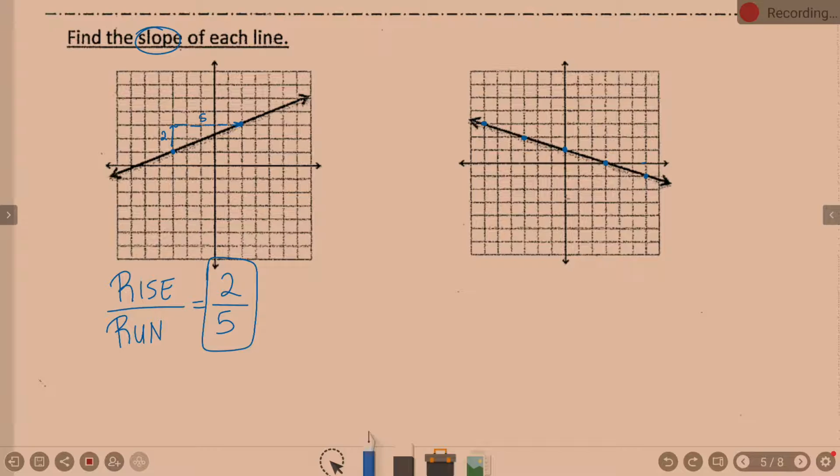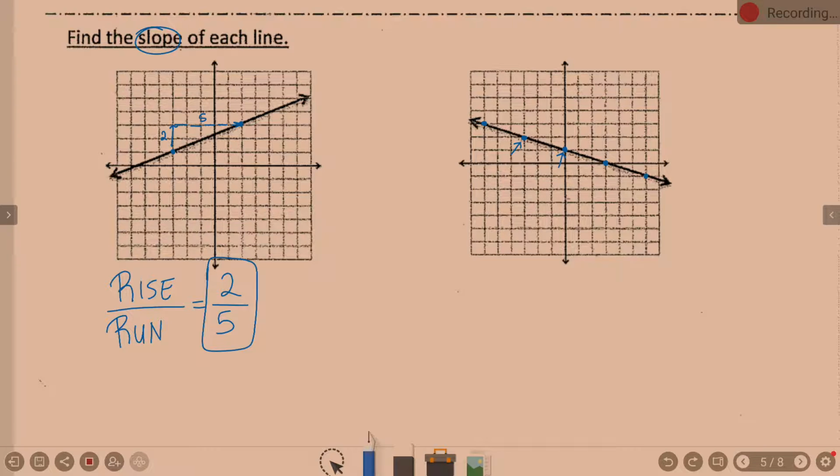Now, I got a stray mark on my board there. If I pick, let's see. What happens if I pick those 2 points? You see the 2 points I put the arrows at? Yeah. Okay.